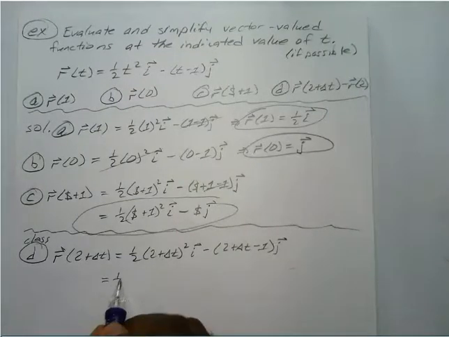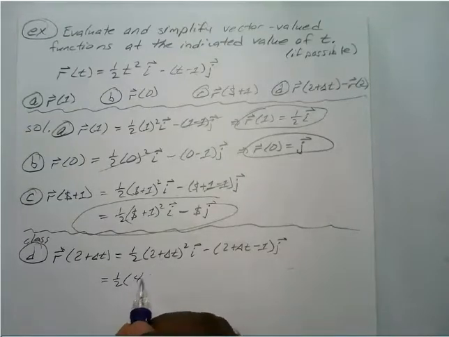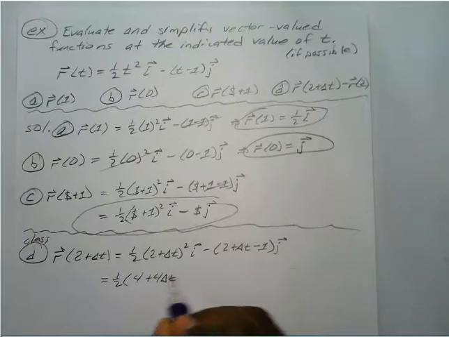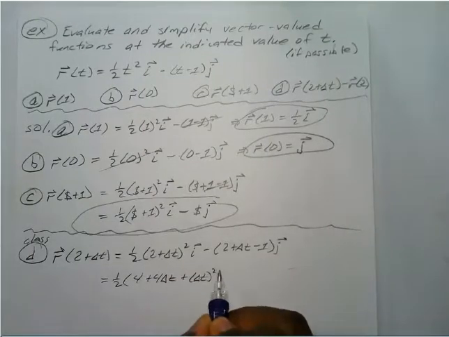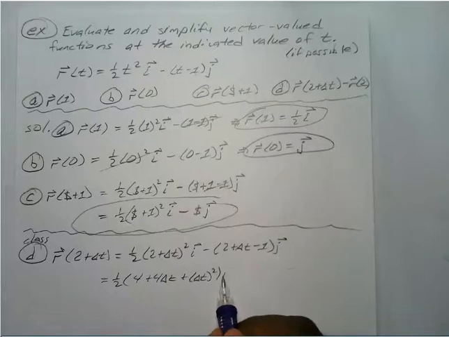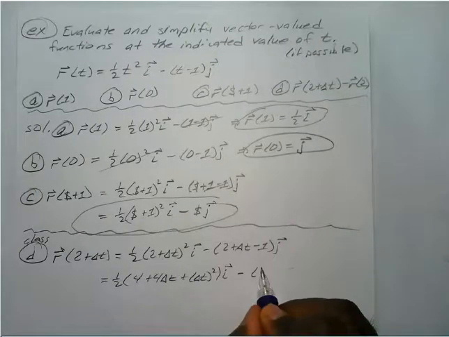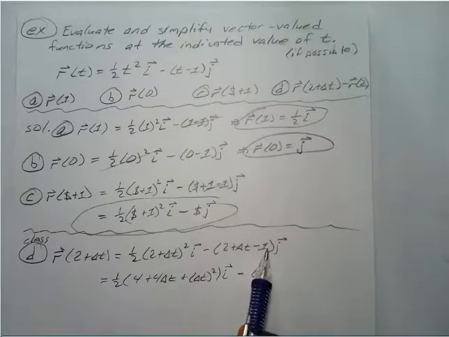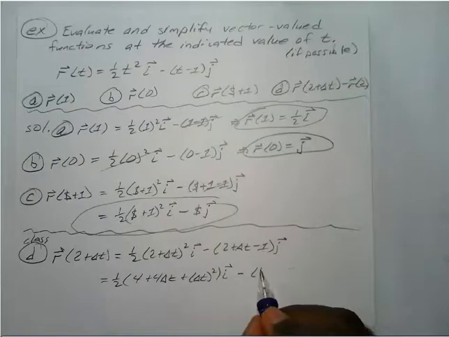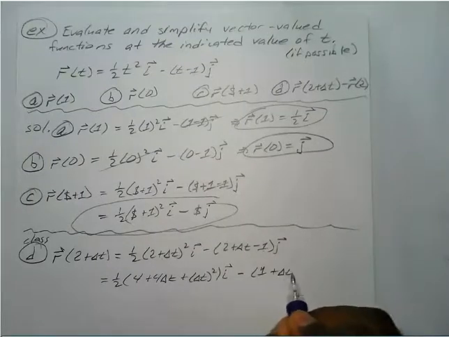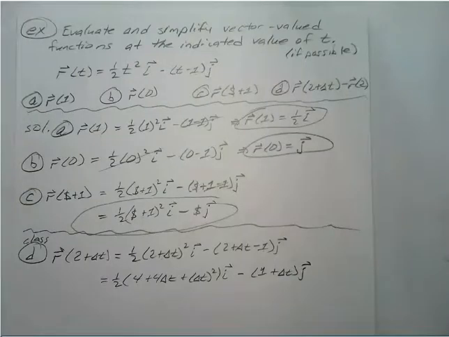So we have 1/2 times 2 plus delta t squared, which will be 4 plus 4 delta t plus delta t squared, times your i vector minus 2 plus delta t minus 1, which is really just 2 minus 1, which is 1. So 1 plus delta t times your j vector.